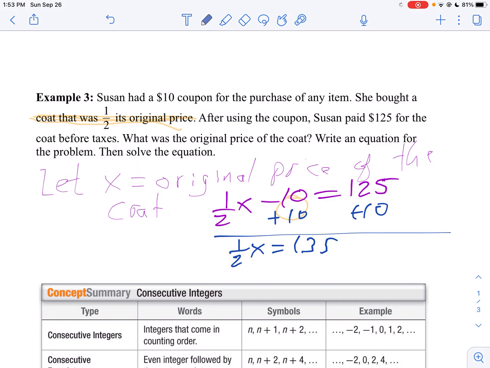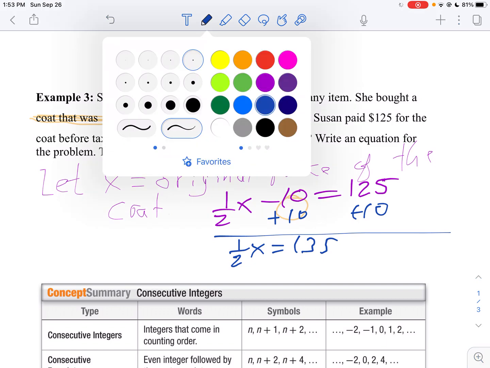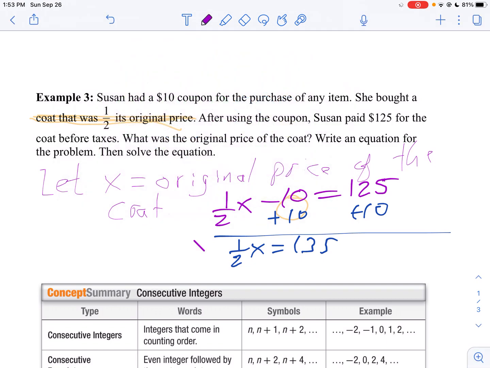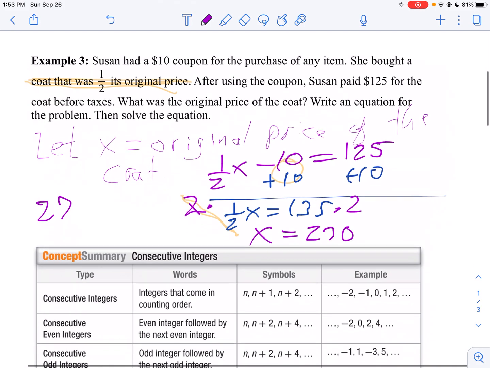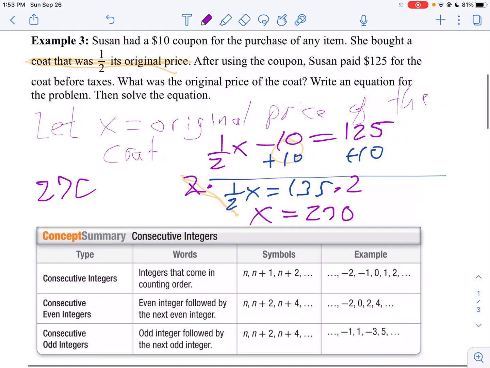The inverse operation of dividing is to multiply both sides by 2. And once again, make sure you do the reducing first. Reduce the 2s first. So you get x equals 135 times 2, which is $270. And since it's a word problem, make sure you have your units. So $270.